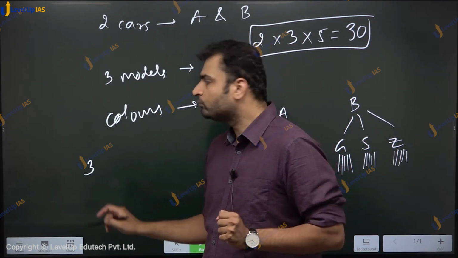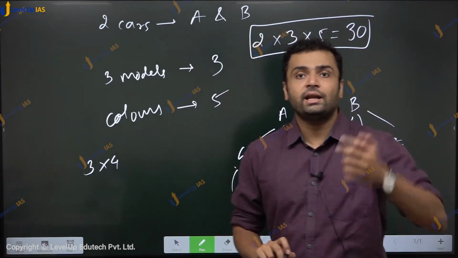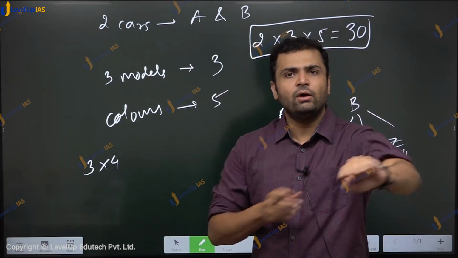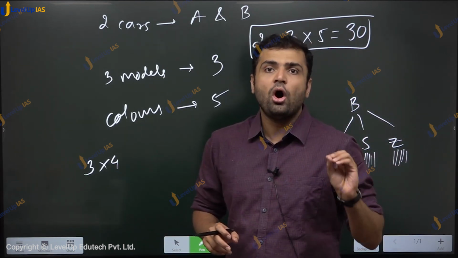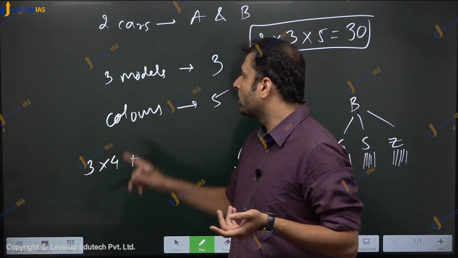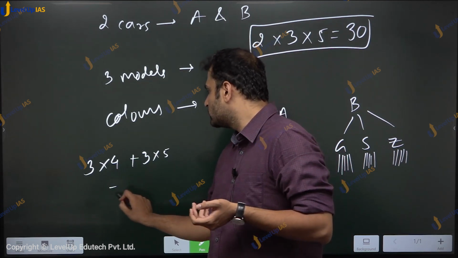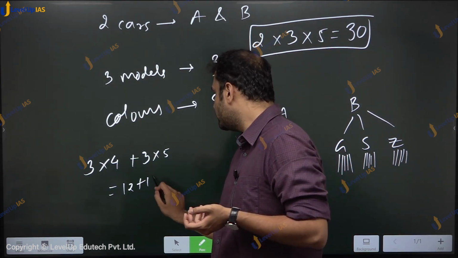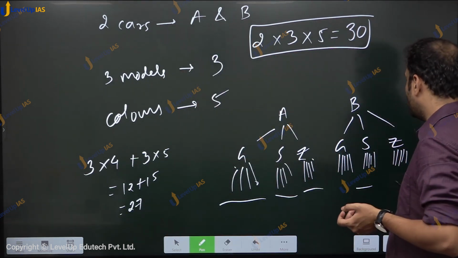Black available नहीं है, so there are 4 into 3 choices for car A. If I choose car A, I have 12 choices. And I can choose car A or car B, और मतलब addition. And car B करूंगा तो I have again 3 models and 5 colors. So it is 12 plus 15 is equal to 27, जो मैन्युअल काउंटिंग से भी आया.